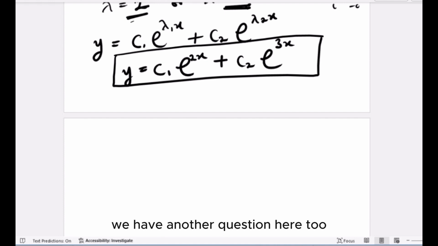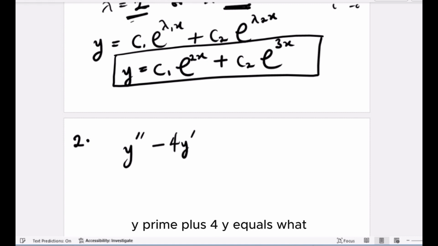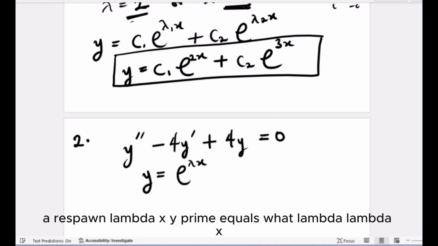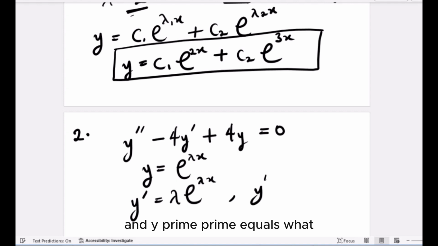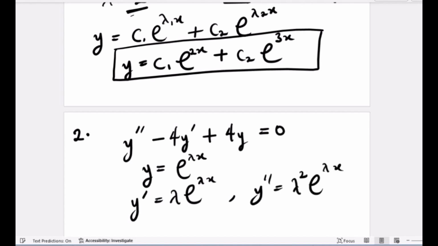We have another question here too, which is y prime prime minus 4y prime plus 4y equals 0. You're still going to say y equals e raised to the power lambda x, y prime equals lambda e to the lambda x, and y prime prime equals lambda squared e raised to the power lambda x.